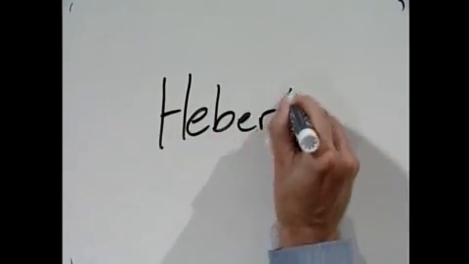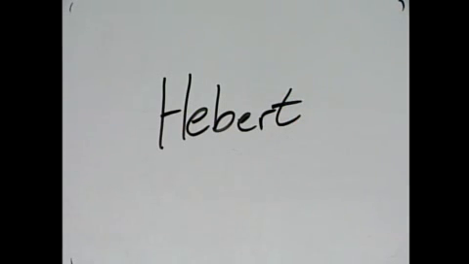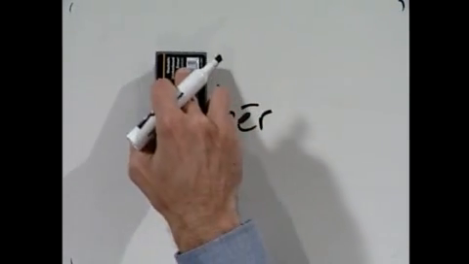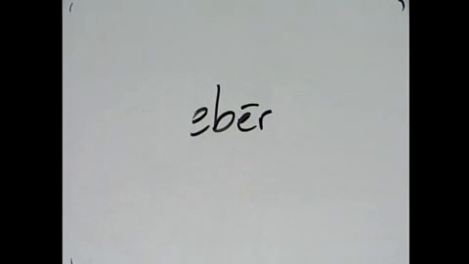You can think of a word like this. We'd call it Hebert in English, but if you were to take it into French or something, again, what they would do is they wouldn't pronounce this T. And for not pronouncing that T, they're going to lengthen the E. And then that H at the beginning, they're even going to really not pronounce that one either, and they're going to lengthen this, and they're going to say a bear, well, we'd say Hebert.